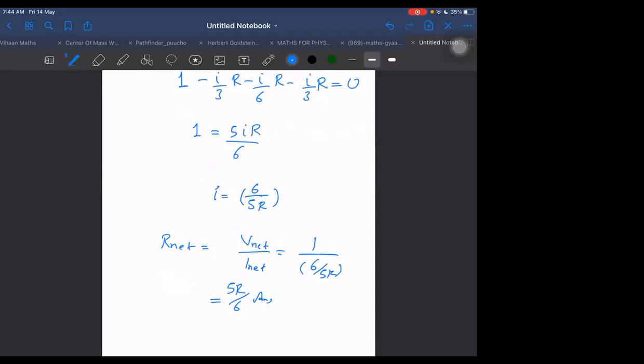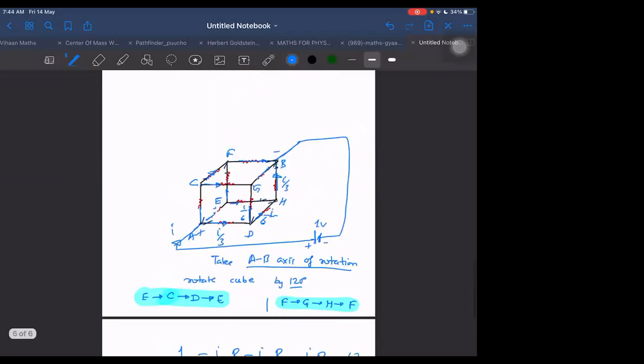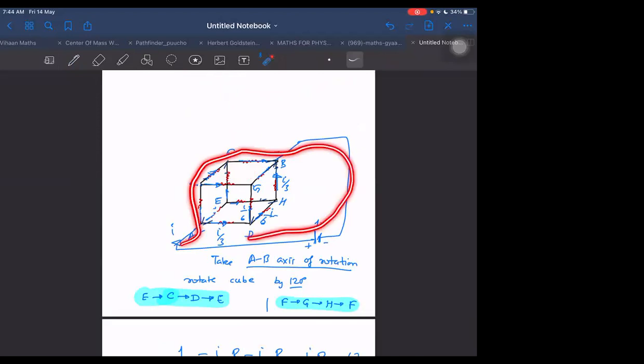Sir, if we take any loop, we can get the same answer? Any loop means, if I take this loop, then I will be getting a 0 equal to 0 equation. The loop should contain the battery.